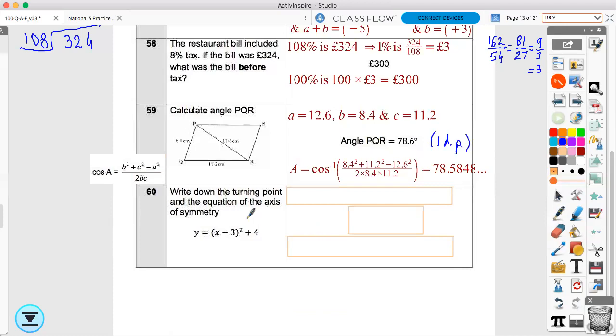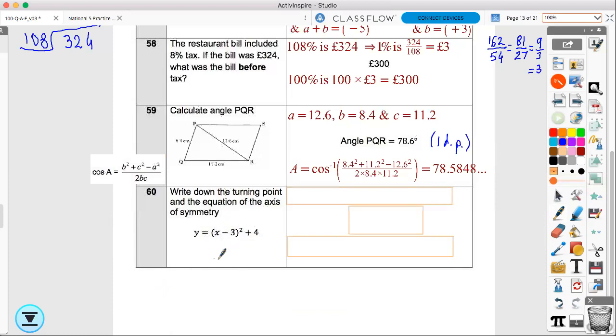Write down the turning point and the equation of the axis of symmetry. So this is a tough question, I would say, or we see people struggling with it. What I would say to my student is, if you get something like this, this is how I would tackle the question. Let's say I come back in 20 odd years' time and someone asks me this and I can't remember.